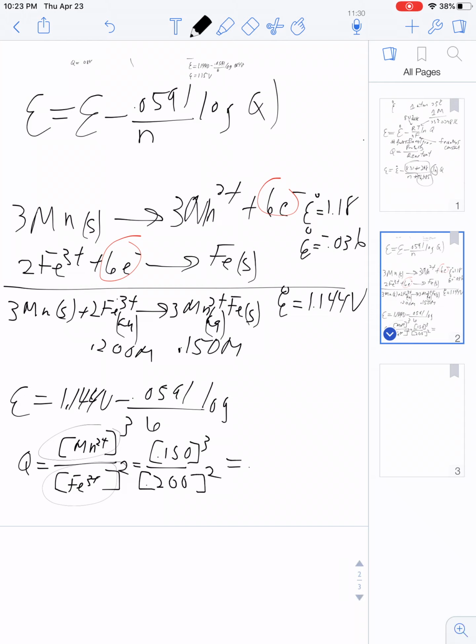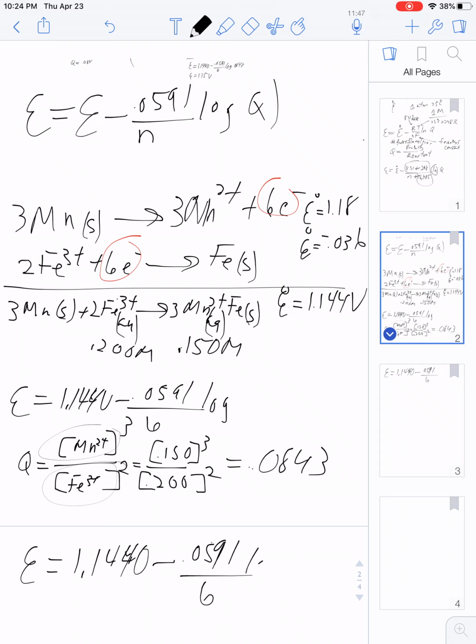That comes out to be 0.0843. Then you plug it in. Don't forget your negative sign. And so this comes up to 1.15 volts. So by decreasing the concentration, we actually increase the voltage.